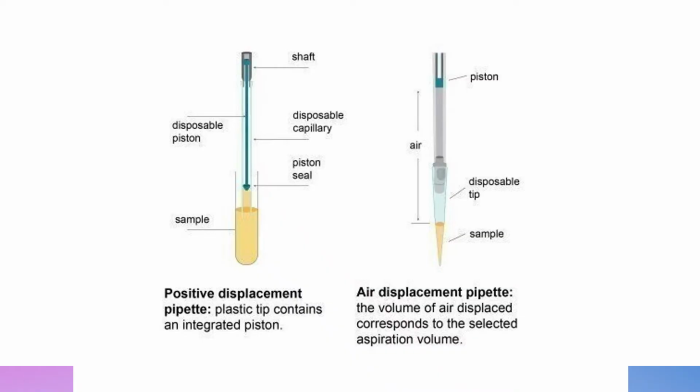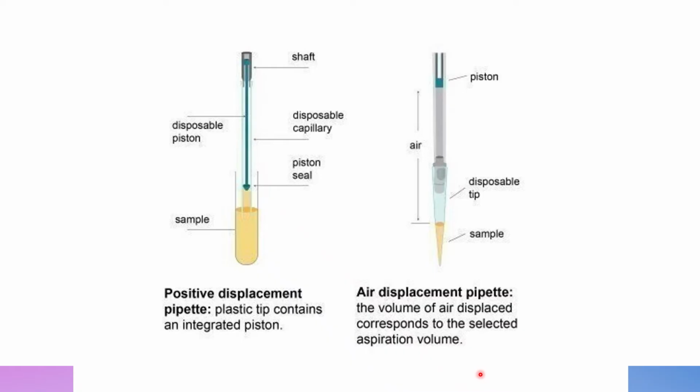Okay, in this diagram here, you can see the difference between an air displacement pipette and a positive displacement pipette. Remember, as I said a while ago, an air displacement pipette relies on the piston for creating suction to draw the sample.